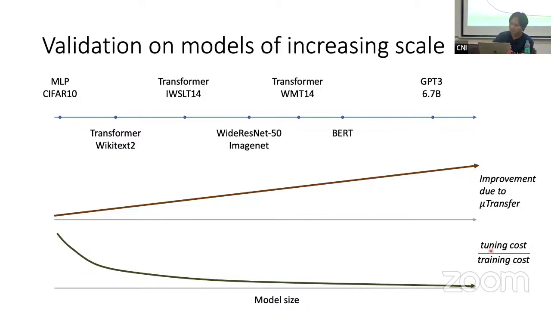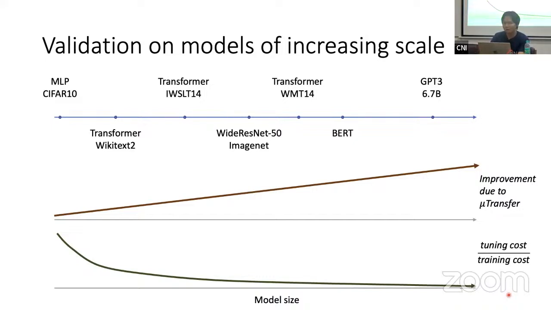So the tuning cost in this numerator is essentially constant, whereas the training cost here is increasing linearly with the model size. As a result, the relative cost of tuning will decrease inversely proportional to the model size. So combining these two patterns, it's almost like a free lunch. You're getting better and better improvements for less and less cost as the model size increases.